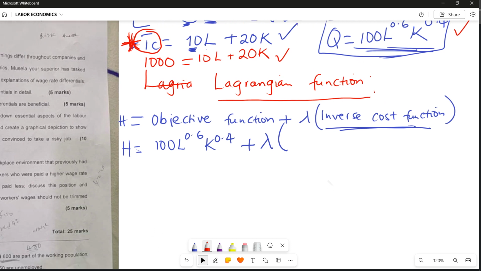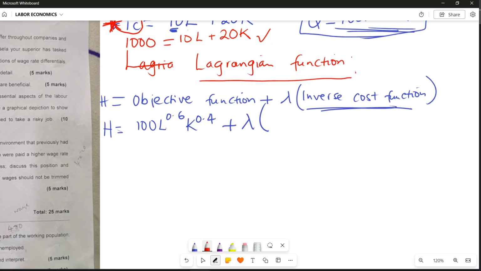Going back to our Lagrangian, it is equal to the objective function plus lambda multiplied by the inverse cost function. Our objective function is the Cobb-Douglas itself, 100 L to the power 0.6 K to the power 0.4. Then to this we add lambda, open brackets.